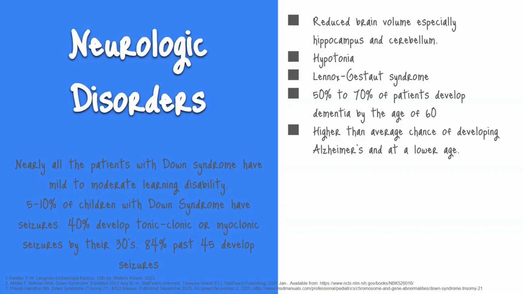Recent studies have shown that triplication of APP is associated with increased risk of early onset Alzheimer's disease, even in the normal population.